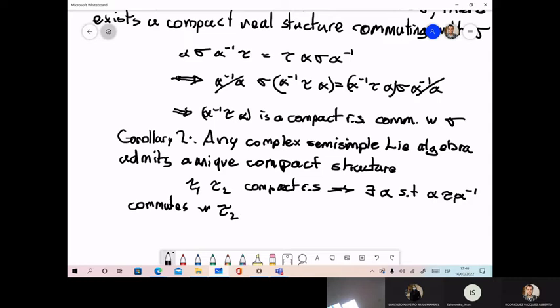But we have proven that if two compact real structures commute, then they must coincide. So tau 2 is equal to alpha tau alpha minus 1.